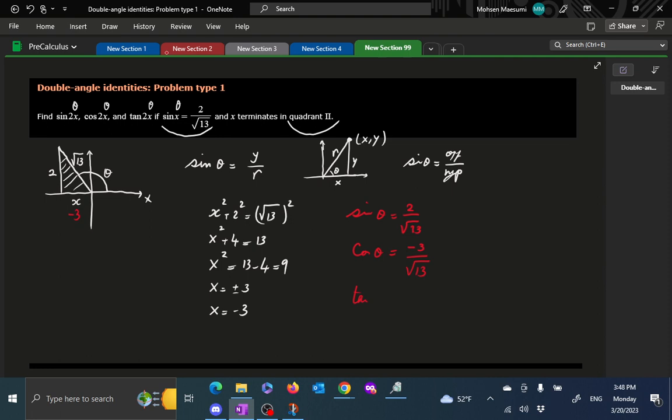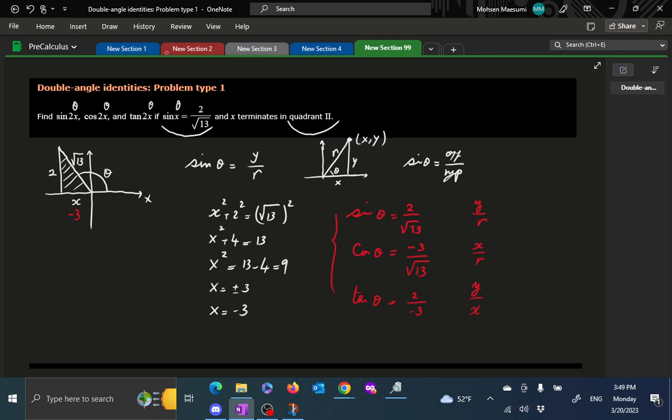Tangent of theta, just as a reminder, sine was y over r, cosine is x over r, and tangent is y over x. So tangent is 2 over minus 3. Tradition is to put the minus in front or in the numerator. Either way, it doesn't matter.